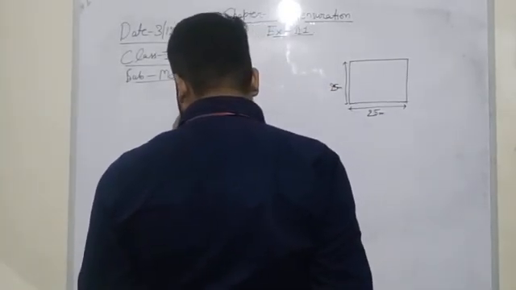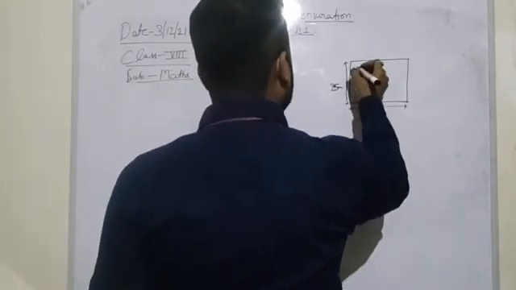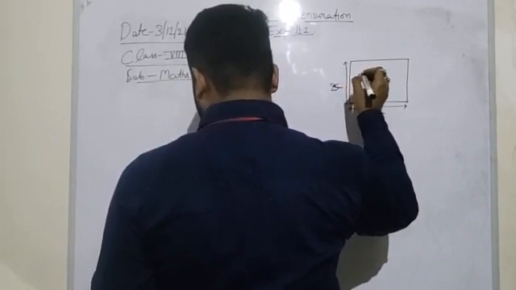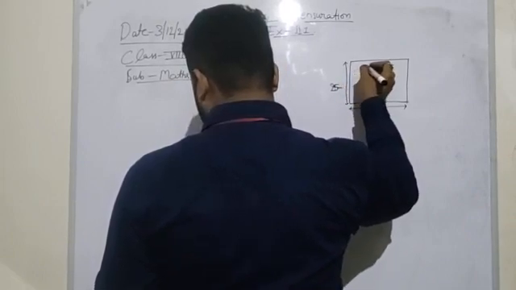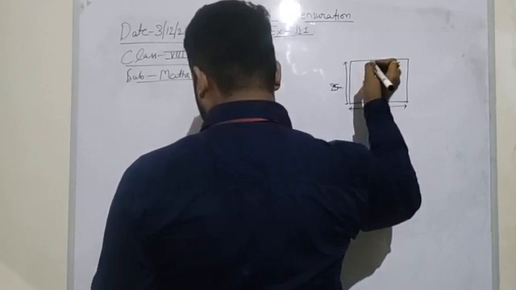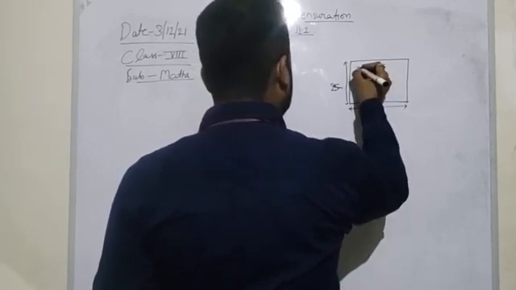She wants to construct a house in the middle of the plot. A garden is developed around the house. Find the cost of developing a garden around the house at the rate of 55 rupees per meter square.